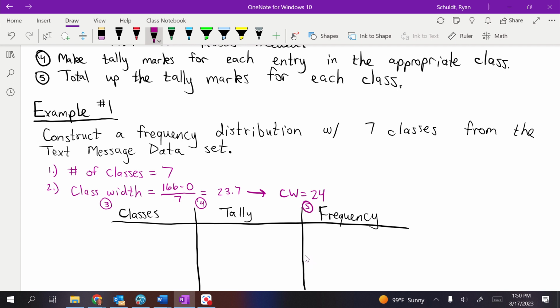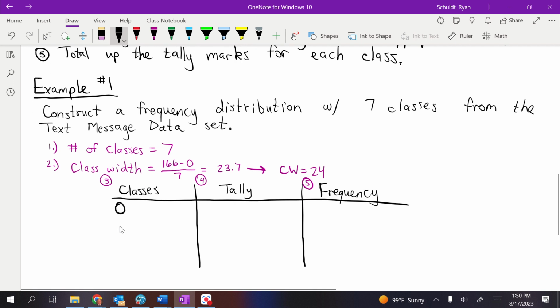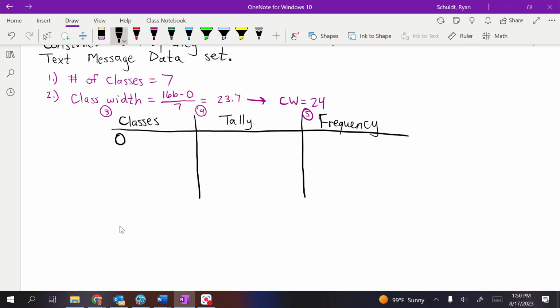So for the classes, it says for our first lower limit, we have to pick the minimum. So what was our minimum? 0. So that means that's going to be our first lower limit. Okay. What was our class width? 24. So I have to add 24. 0 plus 24? 24.